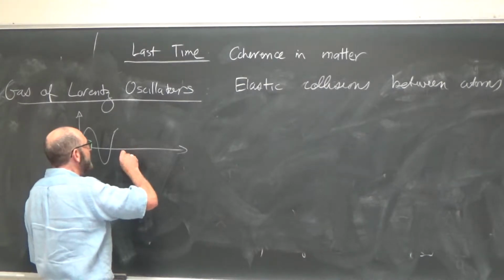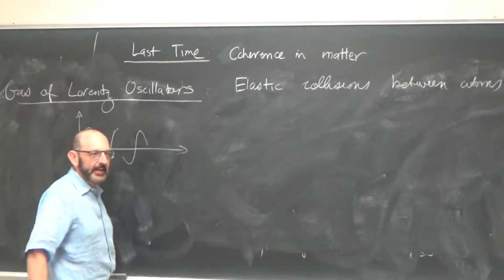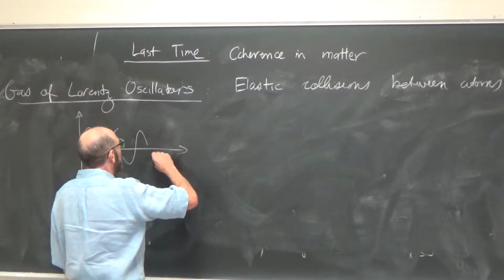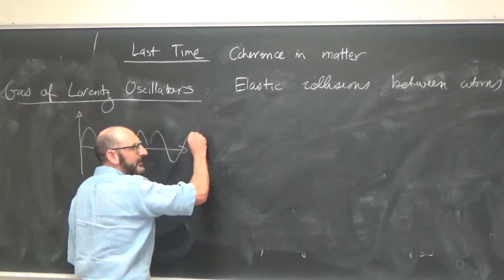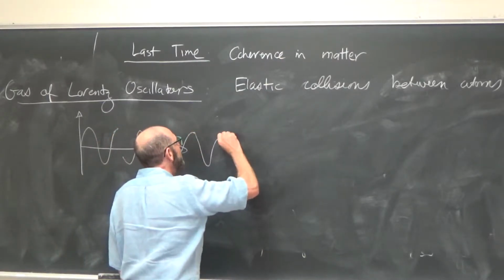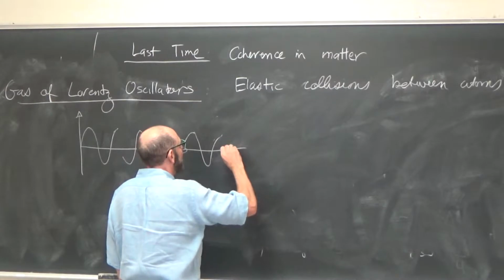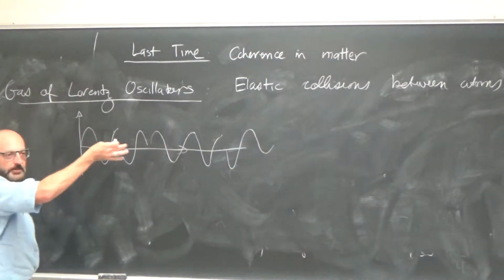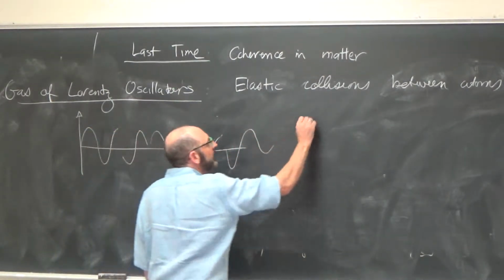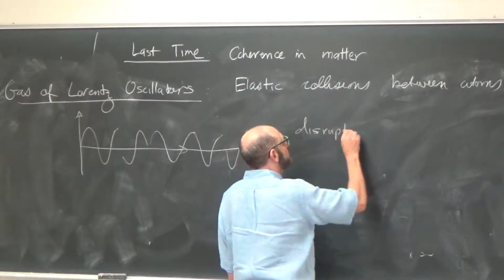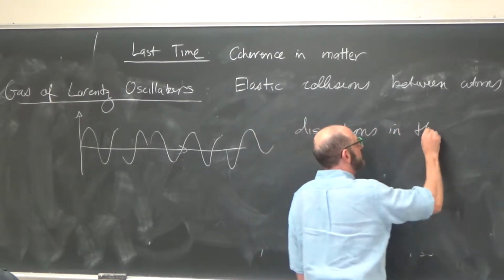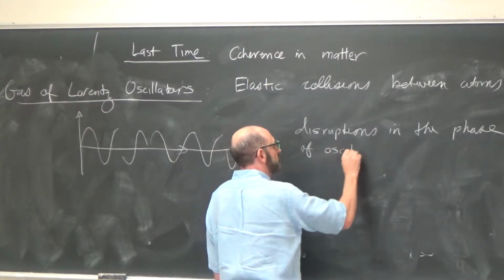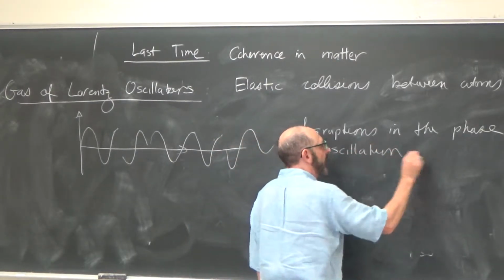And then all of a sudden, it's oscillating, and then it gets kicked again. And maybe the kick gives it some other phase shift. And then it gets kicked at some later time. And then it starts oscillating like that. So there's going to be disruptions in the phase of oscillation at random times.